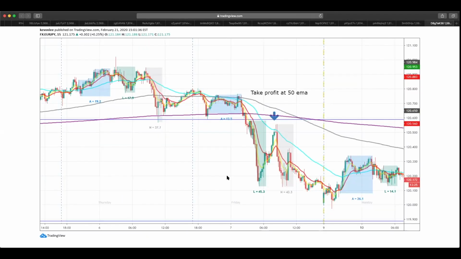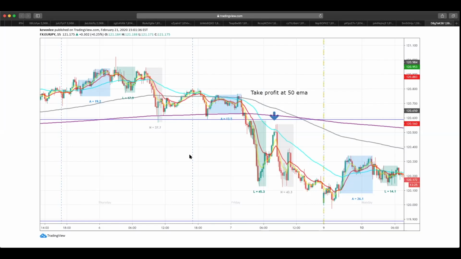Hugely important. All right, so pins to the 50. No, this is not pins to the 50. Take profit at 50 EMA. What would this be a good example of? Is this a good example of take profit at 50 EMA or a good example of pins to the 50 EMA? Pins.